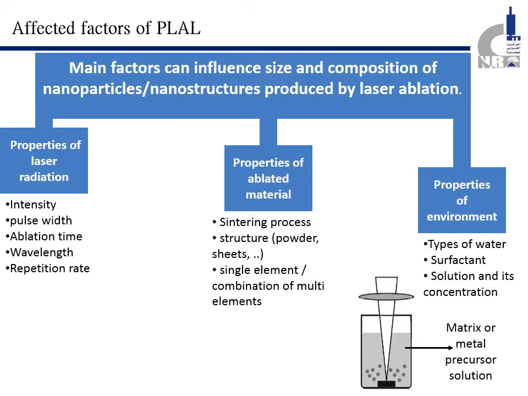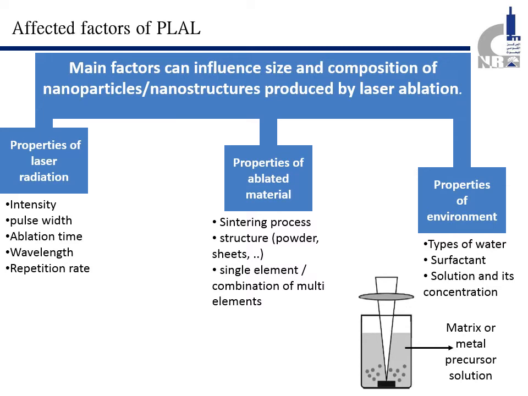The last one is the properties of the environment. In this type we can produce a nanocomposite structure by changing the water to a matrix solution. Matrix solutions like multi-wall carbon nanotube, PVA solution, carbon nanofiber solution, and so on.